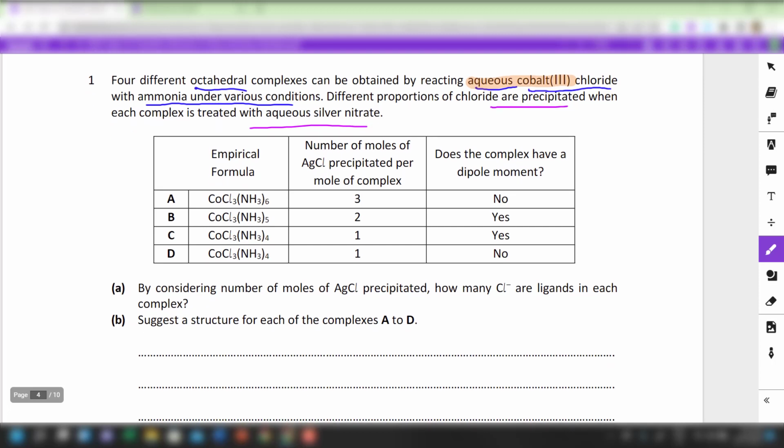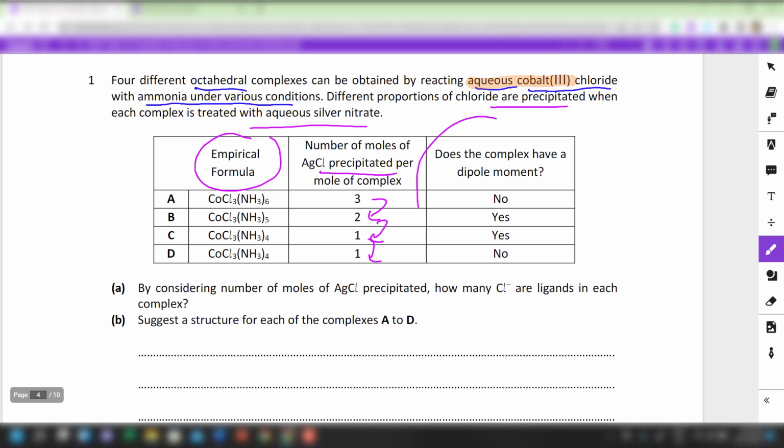When you look at the empirical formula over here, we have altogether 4 compounds. The difficult part of the question, of course, is that they seem to have a similar empirical formula, at least for A and B. Then for C and D, you have different ammonia ligands from that of A and B. If you look at the second column, you notice that the number of moles of silver chloride precipitated out per mole of complex reduces from 3 to 2, and then from 2 to 1, and then from 1 to 1.